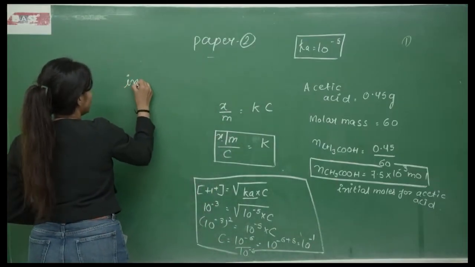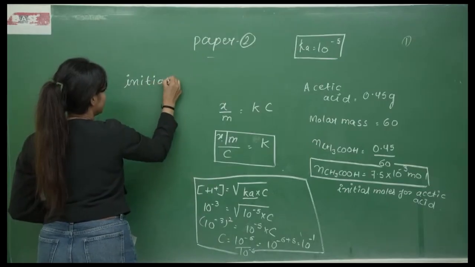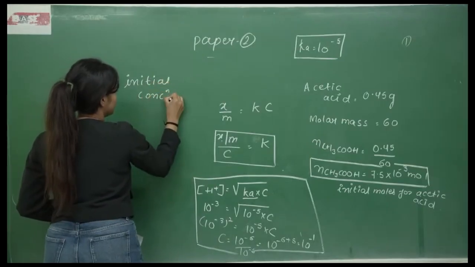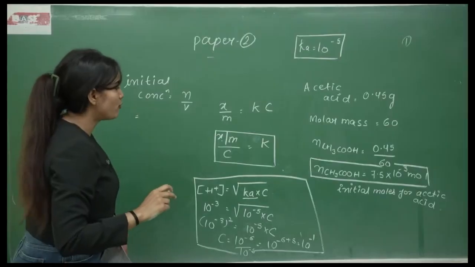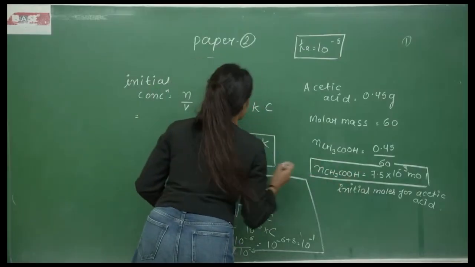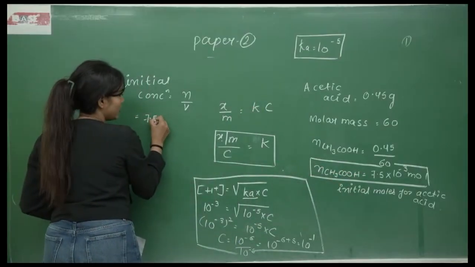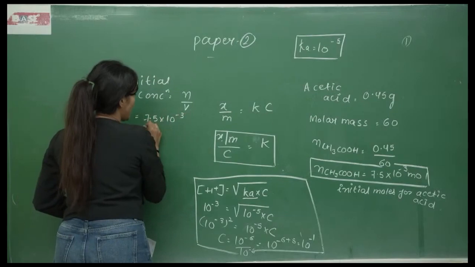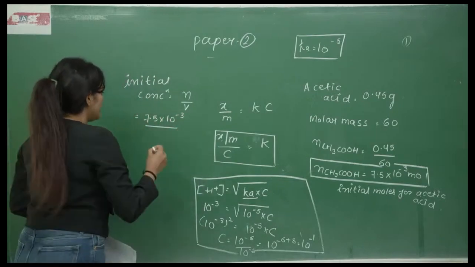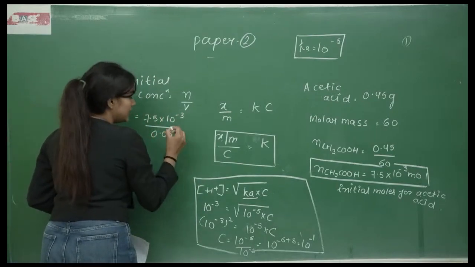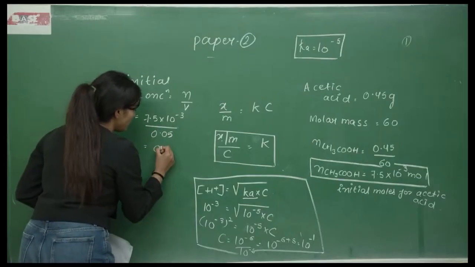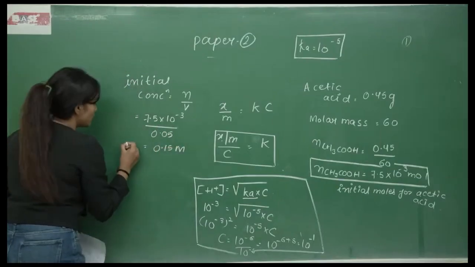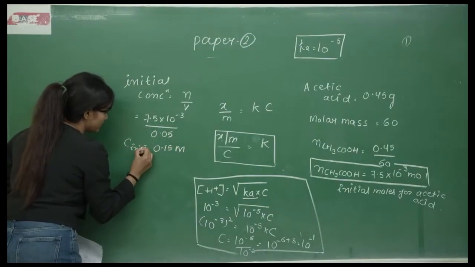Now if you find the initial concentration, that should be n by V. What is the number of moles? The number of moles given initially is 7.5 into 10 raised to the power minus 3. And what is the volume given? 0.05 liters. If you divide these two values, you get 0.15 molar. That is the initial concentration.